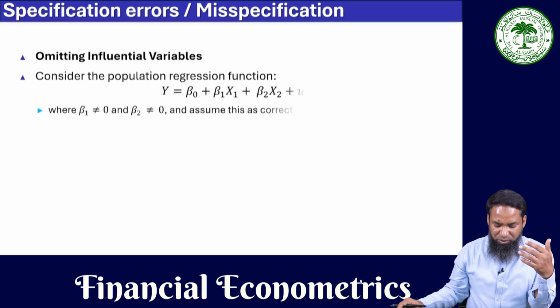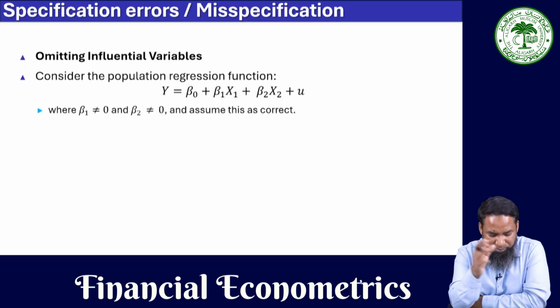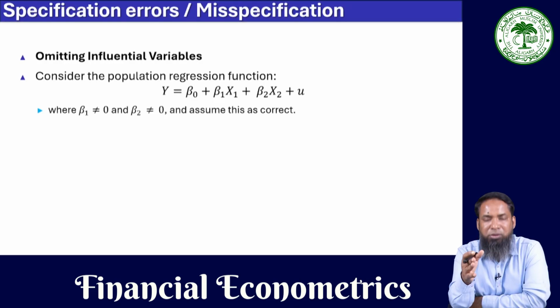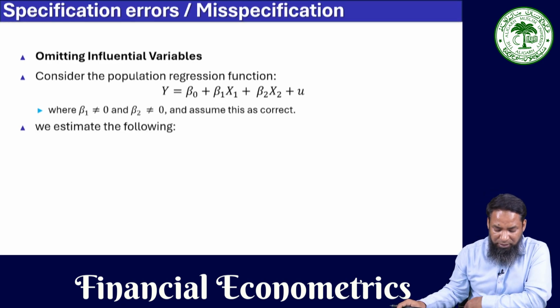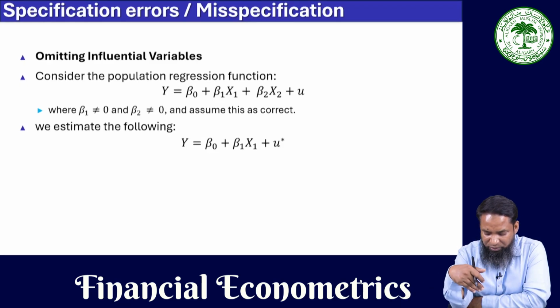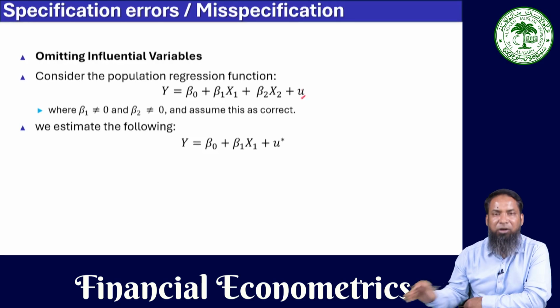So, consider this population regression function here. In the true population, beta 1 is not equal to 0 and beta 2 is not equal to 0, which means both x1 and x2 have important significance on y. Now, let us say you are estimating y equal to beta 0 plus beta 1 x1 plus u star, to make the difference clear.